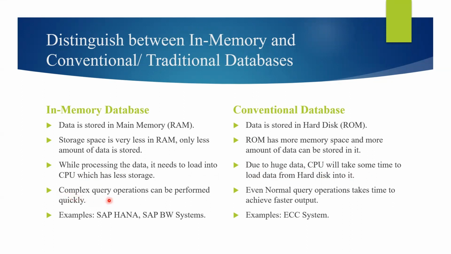And more complex query operations can be performed easily in case of in-memory database, which we have already seen in the fifth lecture. And in case of conventional database, even a normal query operation takes time to get the output. Some examples of in-memory database are SAP HANA and SAP BW systems.